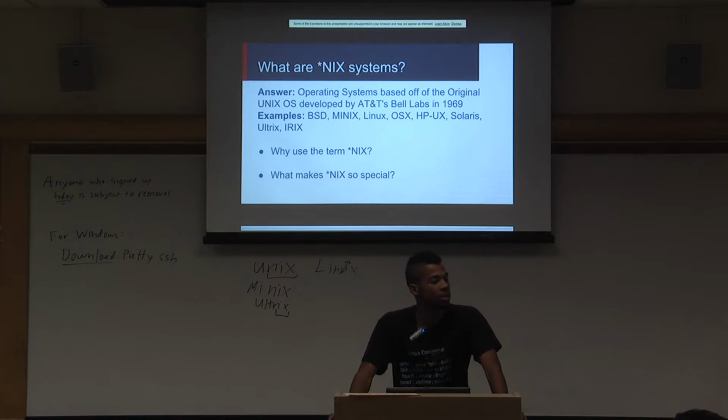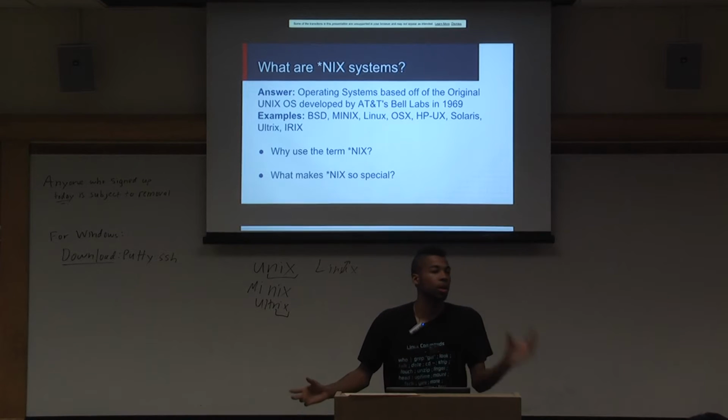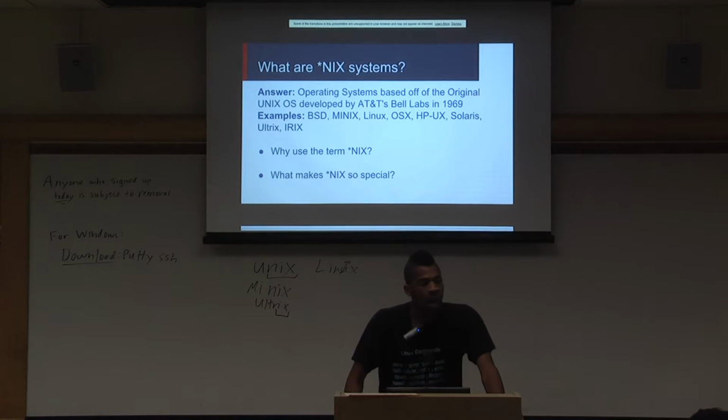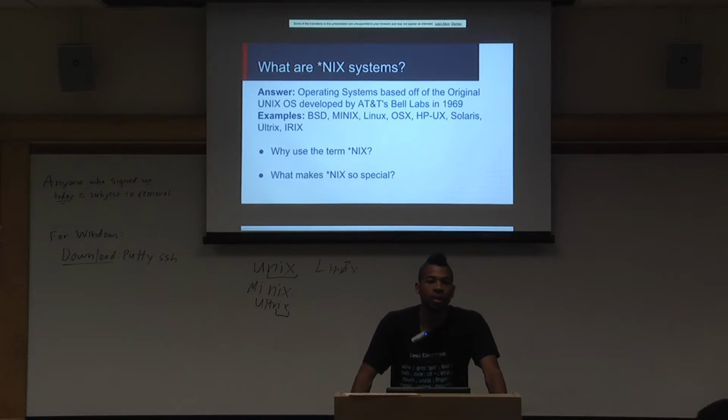What makes Nix systems so special? Back when they first came out, they were one of the first operating systems to be able to multitask, handling two processes working at the same time, going in and out between one bit of instructions and another. Their file system was also pretty brilliant, in my opinion. Moving a file from one location to another was as simple as renaming a file. Actually, the rename function in Linux is called the move function.